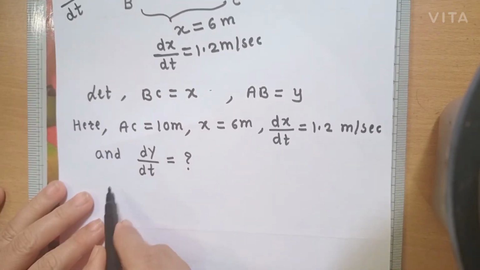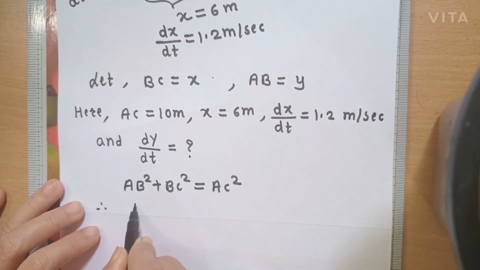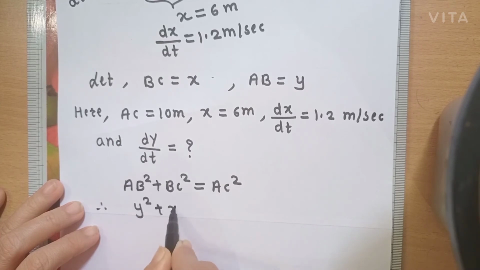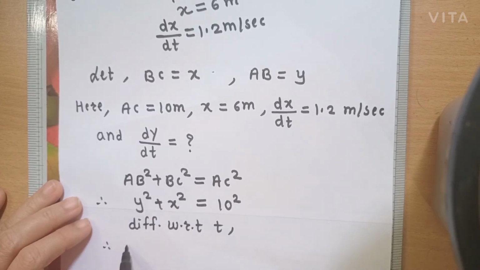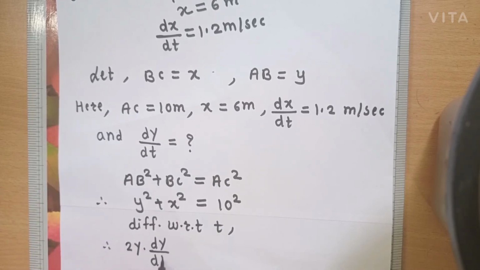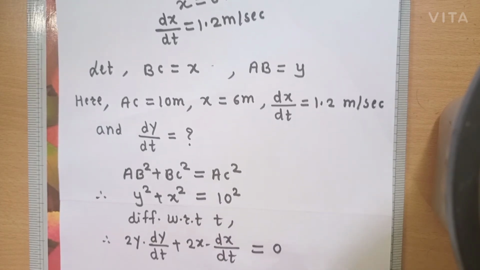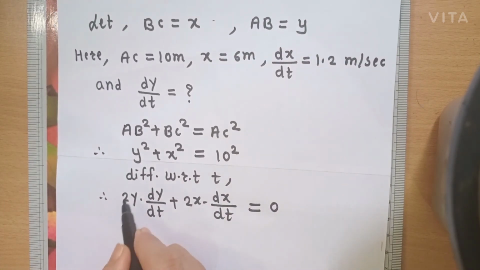So write down, therefore y square plus x square is equal to 10 square. Now differentiate with respect to t, and therefore 2y into dy by dt plus 2x into dx by dt, and since this is constant its derivative is 0. So these two get cancelled.